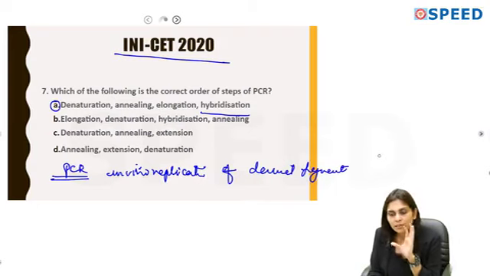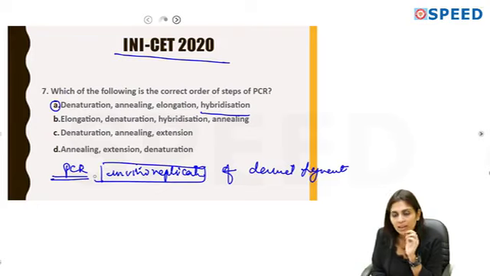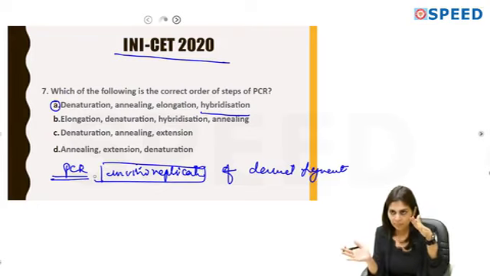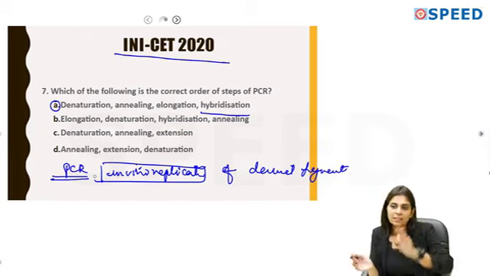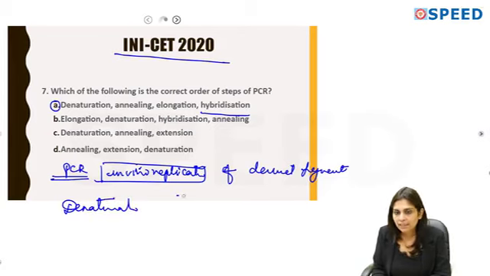For now it's only about steps of PCR, for which I want you to know that it's in vitro replication. And always for replication the first step would be unwinding. Right? Unwinding is otherwise called denaturation. So naturally the first step of PCR has to be denaturation, wherein the template strand undergoes unwinding.